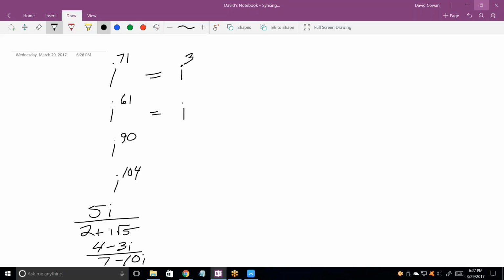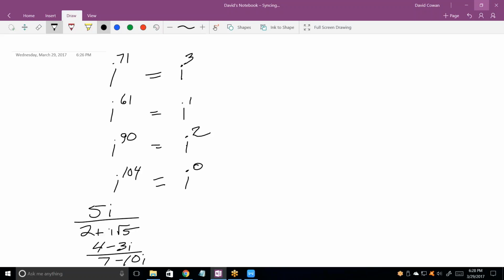The remainder of 1, so i. i to the 90th. A remainder of 2, so i squared. Not the remainder, that's the equivalent. What's i to the 104th? i to the 0, right?